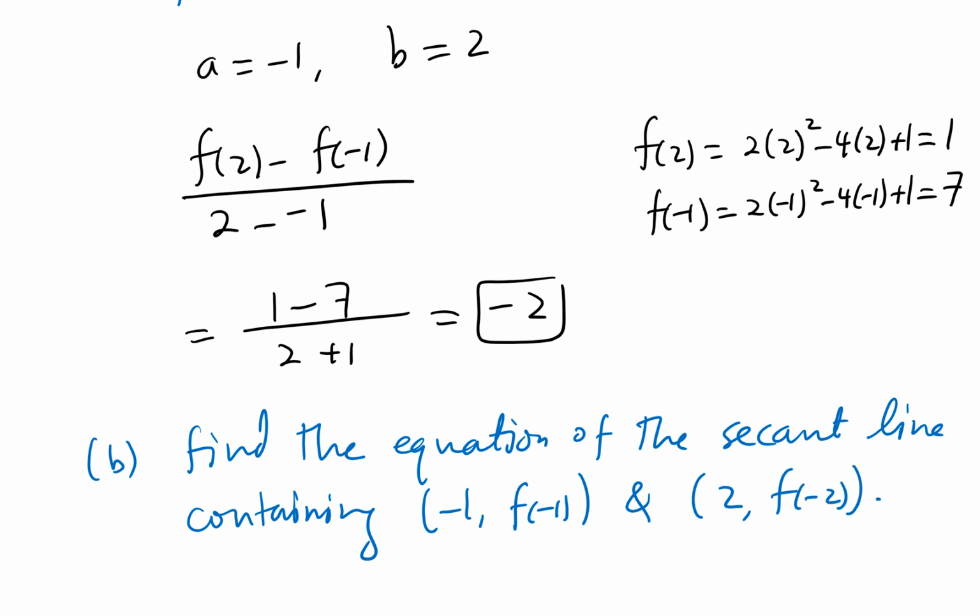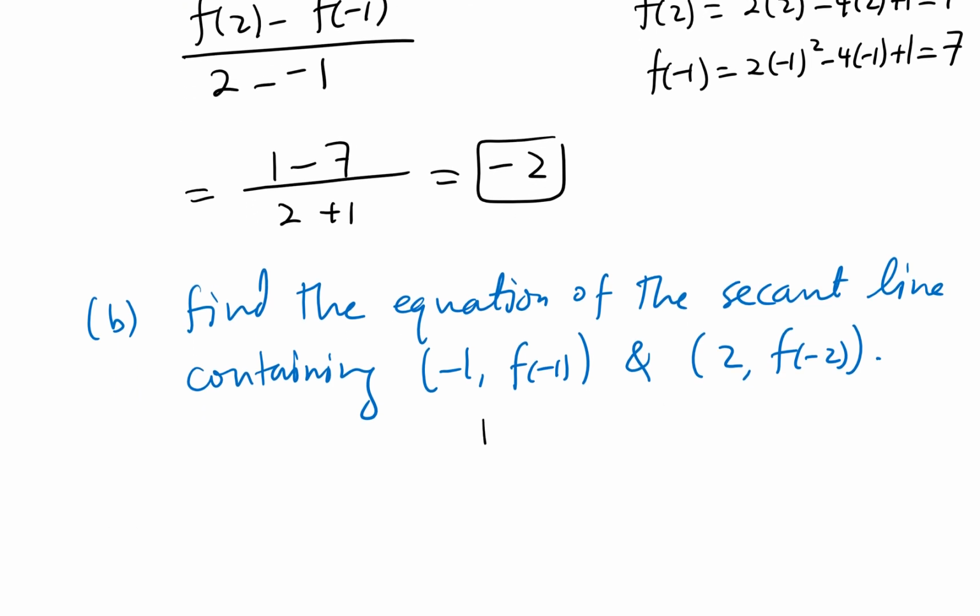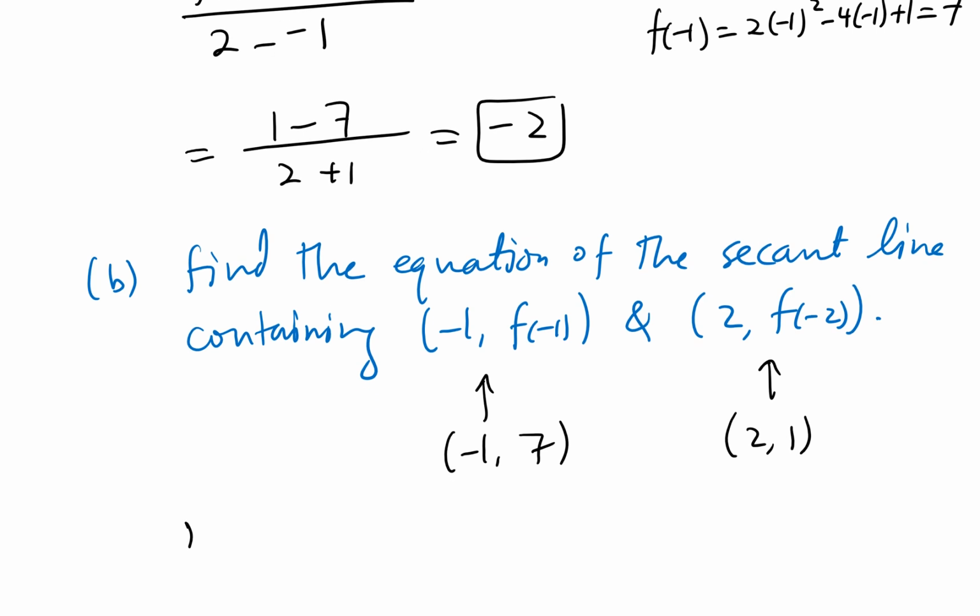To find the equation of a straight line, we need 2 points. From this, we need the slope. At -1, f of -1 we found was 7, and at 2, we found f of 2 was 1. So the slope that we just found was -2.